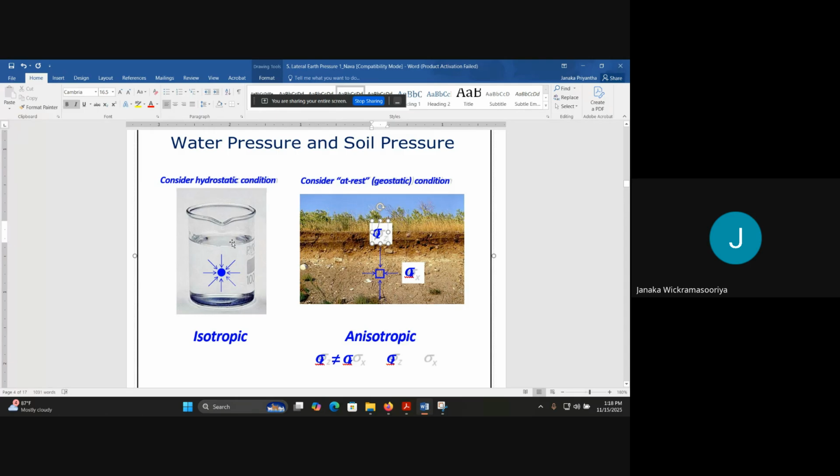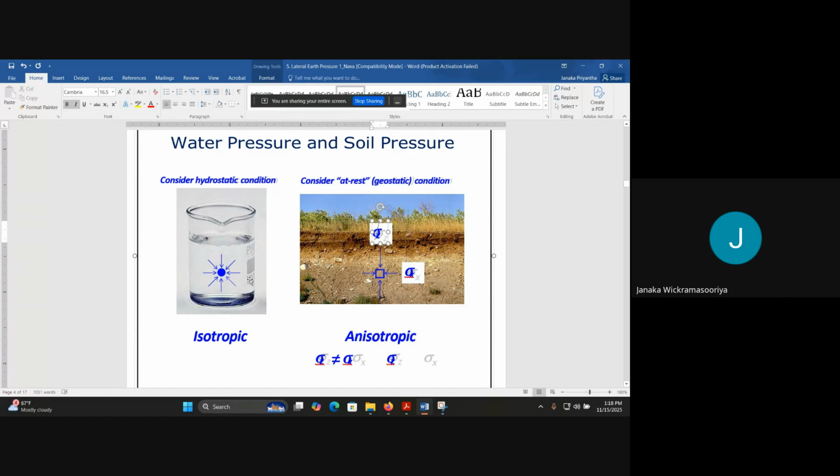As Archimedes found, the water pressure is equal in every direction. The same value, this way, this way, everywhere it is the same. But anisotropic materials are not like that.